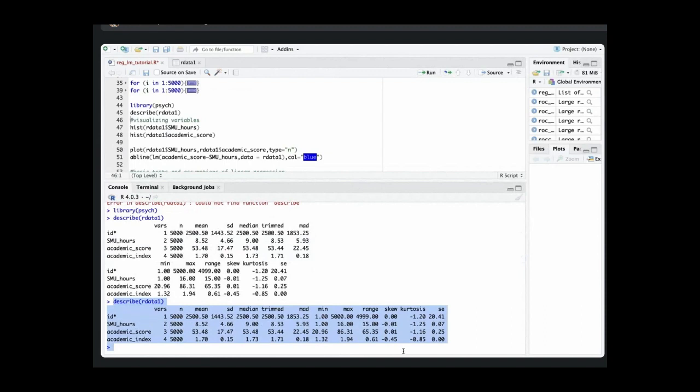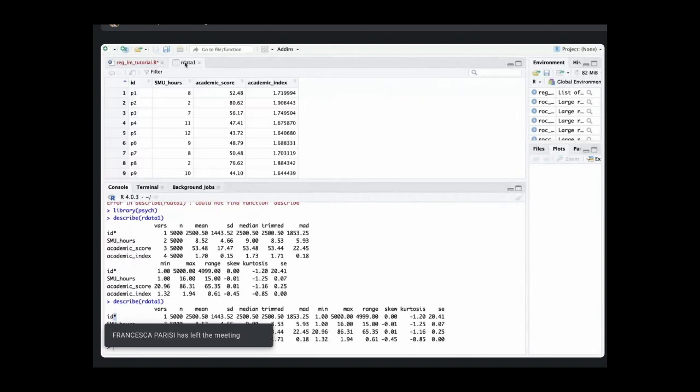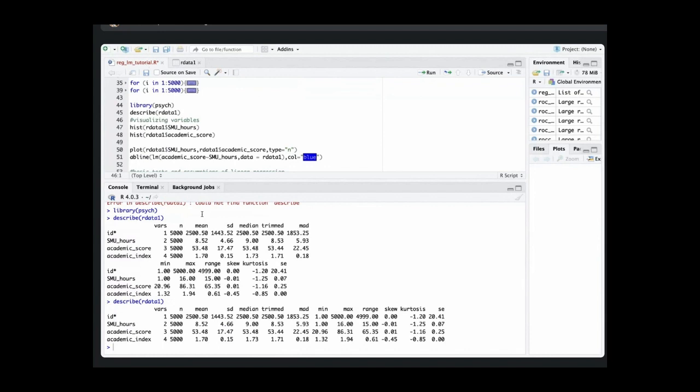So it tells me that there are four variables: ID, social media usage hours, academic score, and academic index. And there is an asterisk next to ID because R wants to tell you that it has only characters and no numbers, right? So as you can see, our ID only has P1, P2, P3. These are just characters. These are not taken as numbers, right?